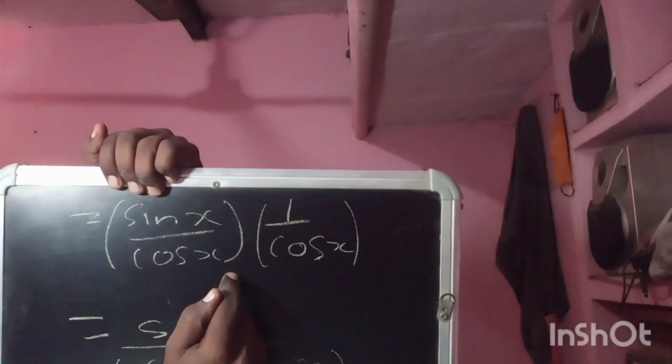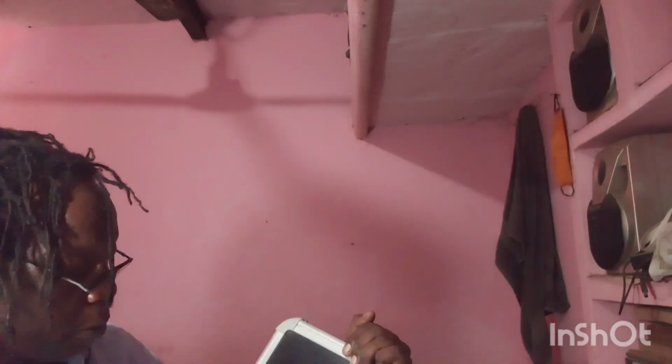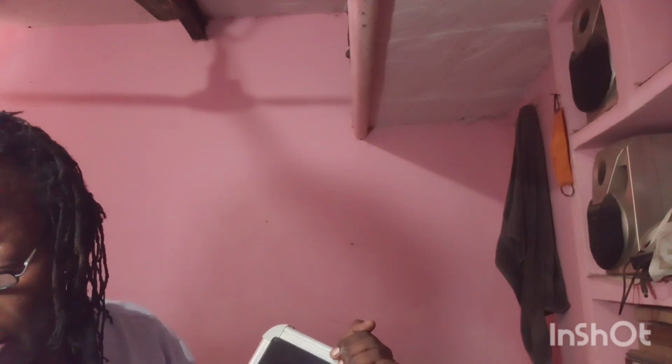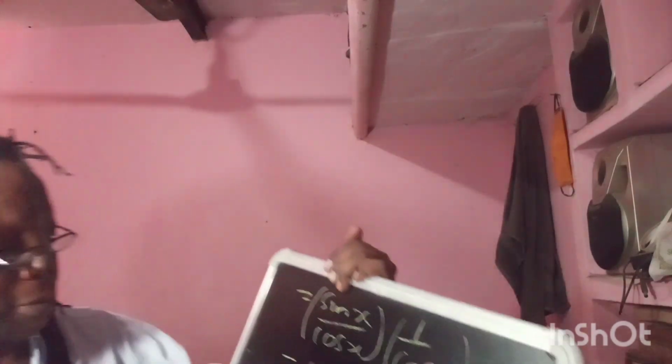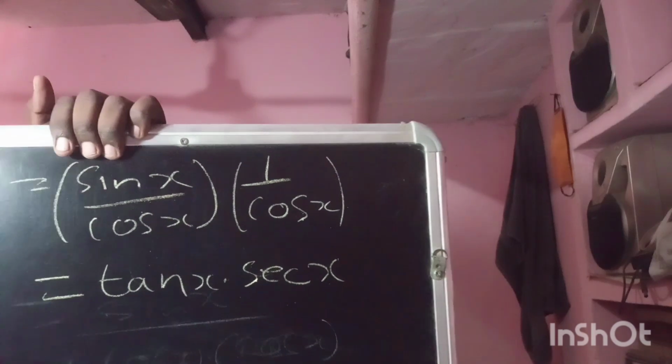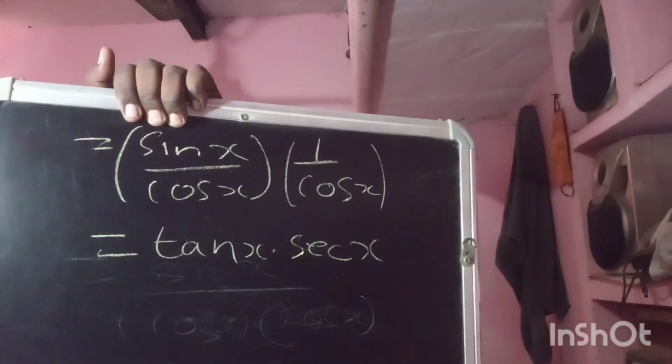This one will be equal to tangent x secant x. So we have proved that the derivative of secant x is equal to tangent x secant x.